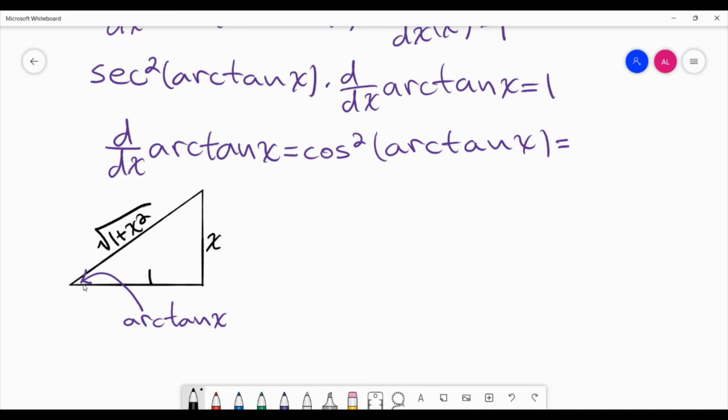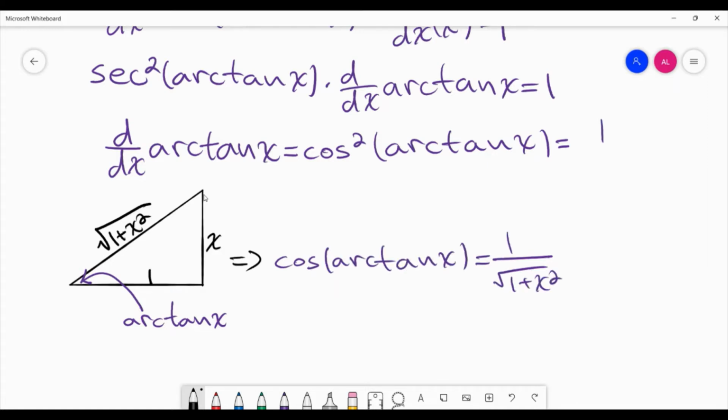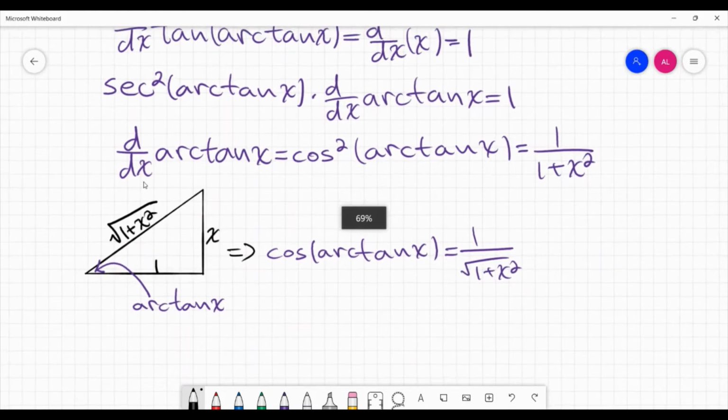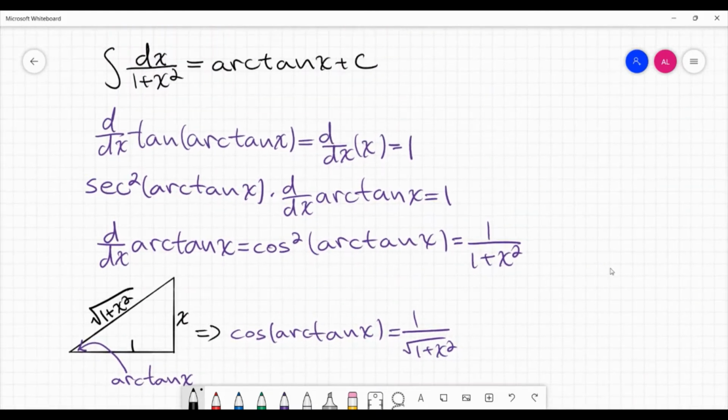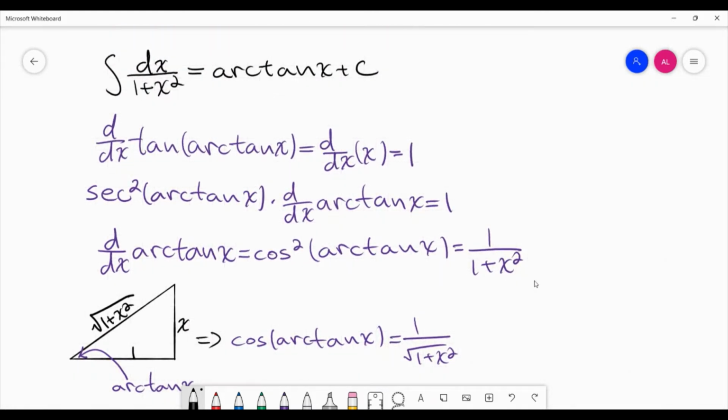And so the cosine of this angle is this side over this side, which is the same as 1 over the square root of 1 plus x squared. And so the cosine squared is 1 over 1 plus x squared. So we know that the derivative of the arctangent is equal to this, so the integral of this equals arctangent, like that.